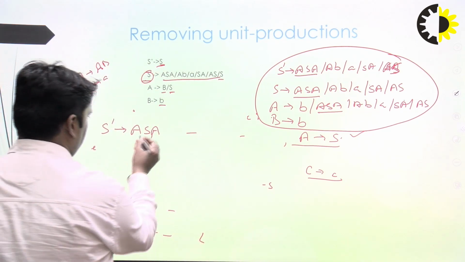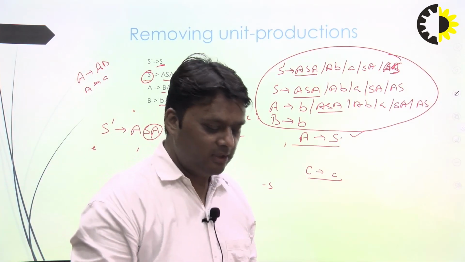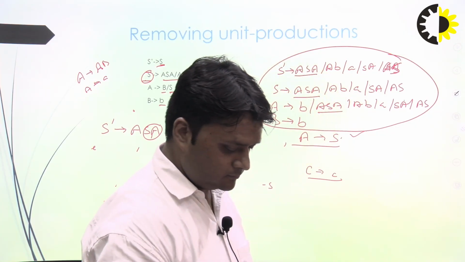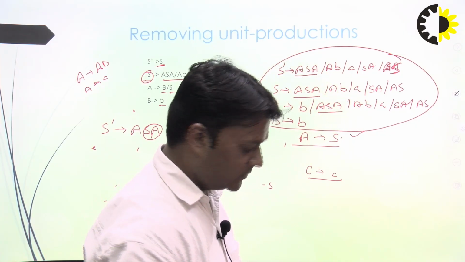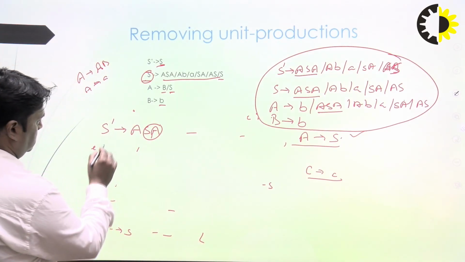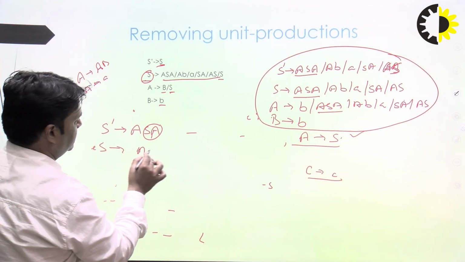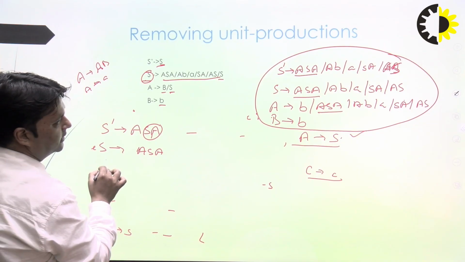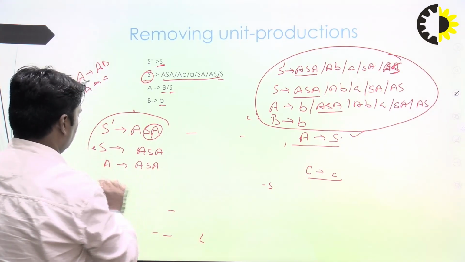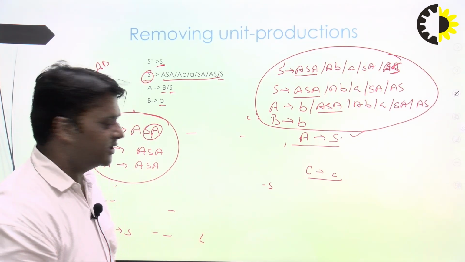So we replace this with another symbol. Where ASA occurs, S implies ASA and A implies ASA. These are the only productions with more than two non-terminals.